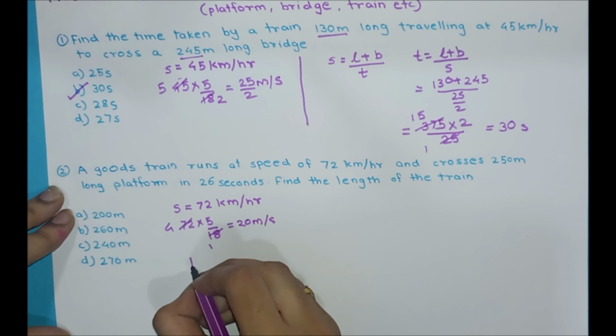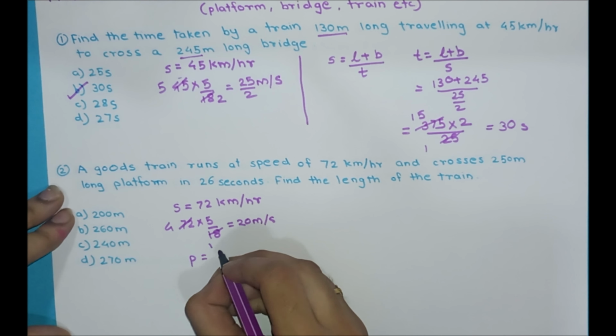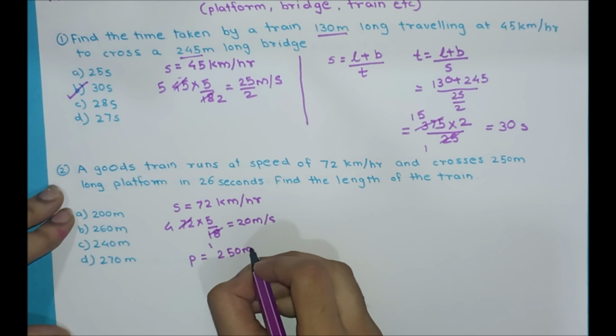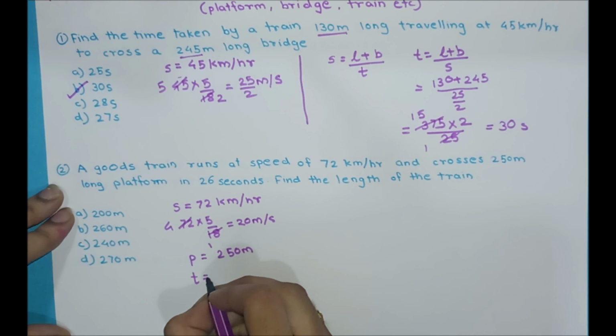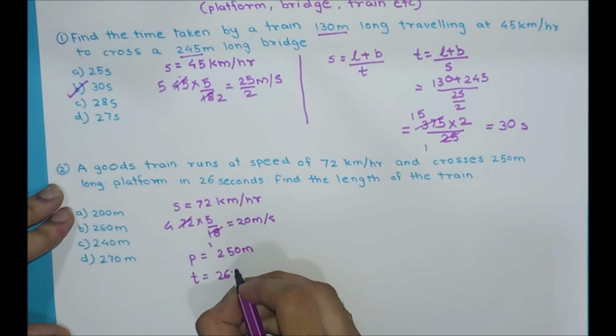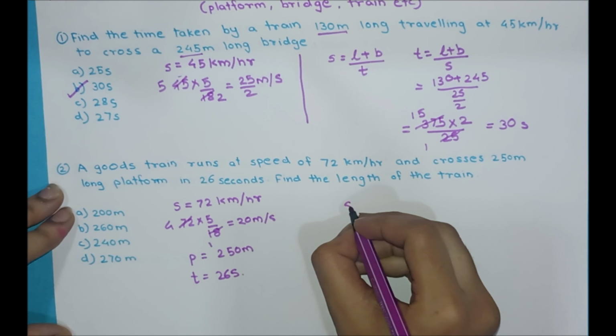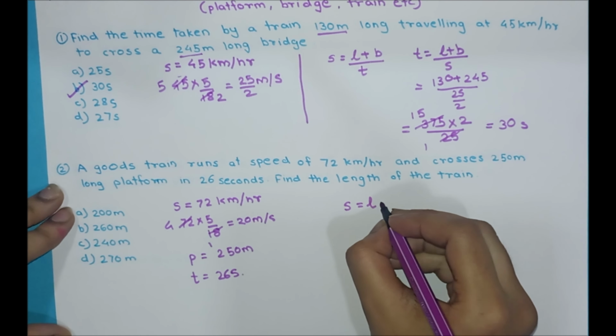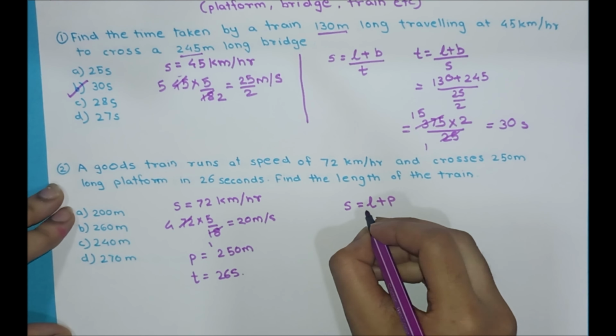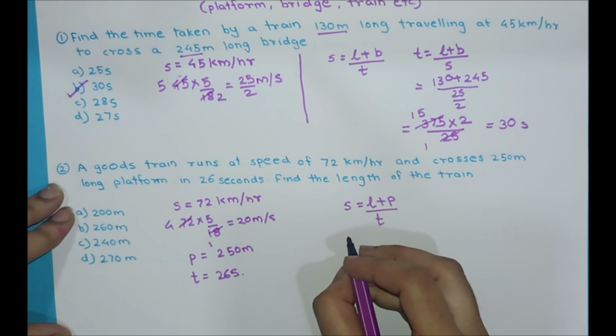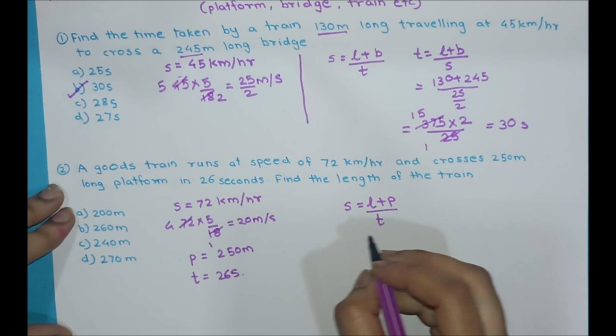The length of the platform is given as 250 meters and the time taken is given as 26 seconds. So the formula was speed is equal to length of train plus length of platform divided by time. We have to find this L, which is the length of the train.